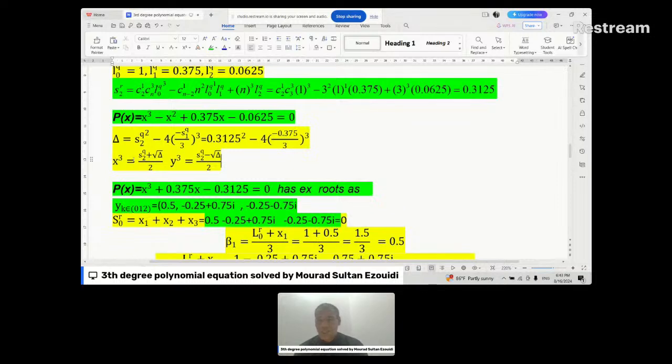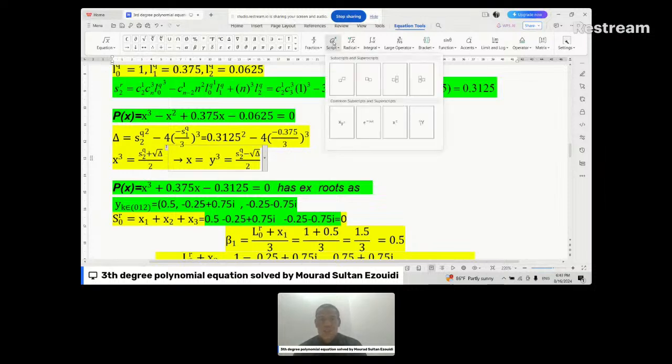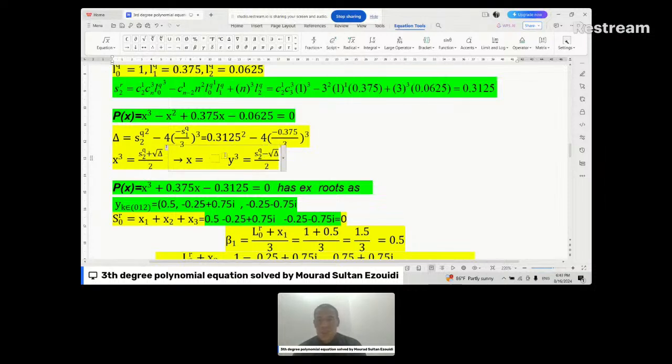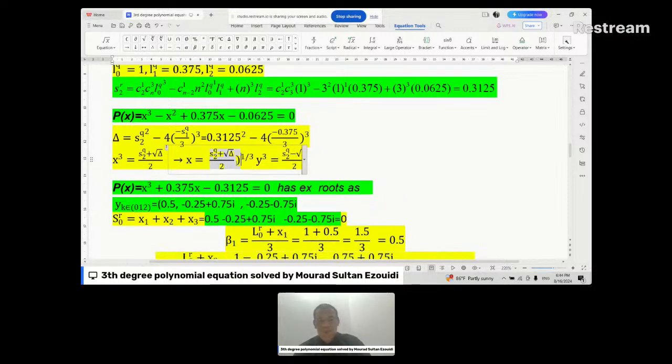Means now, learners, I will use this one, minus. x is equal to, of course, cube root. I will make power 1 divided by 3, and this one is that, between parentheses here. This is for the value of x.